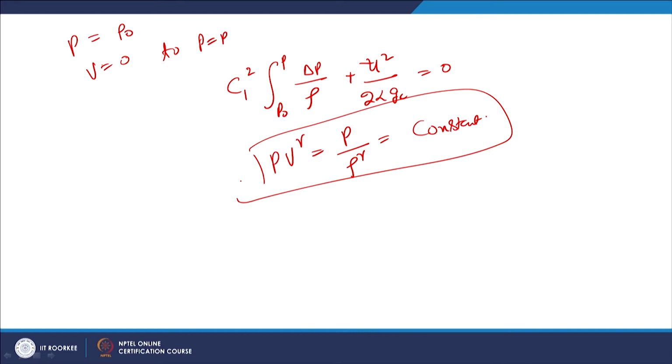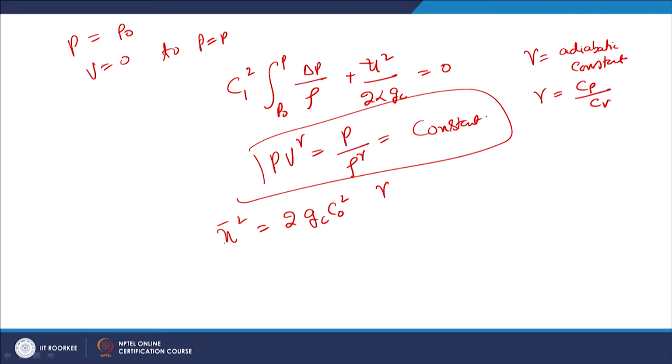So the velocity of a fluid at any point during the isentropic expansion is given by U bar square, with C naught square and gamma, where gamma is the adiabatic constant, usually represented by Cp over Cv. So U bar square is equal to 2 gc C naught square gamma upon gamma minus 1 times P naught upon rho naught times (1 minus (P upon P naught) to the power gamma minus 1 upon gamma).